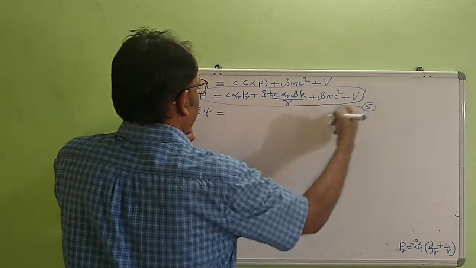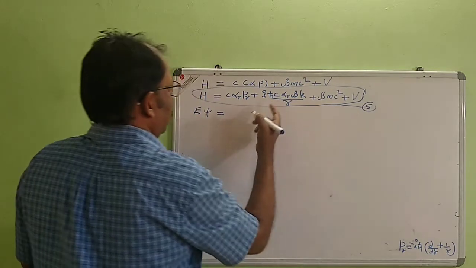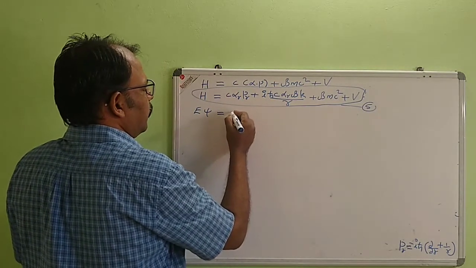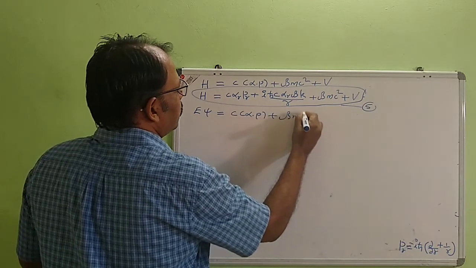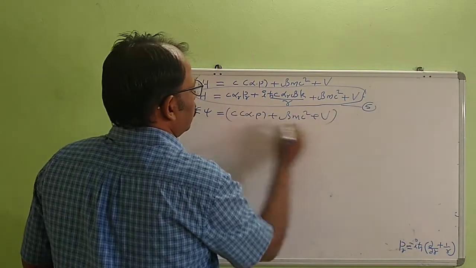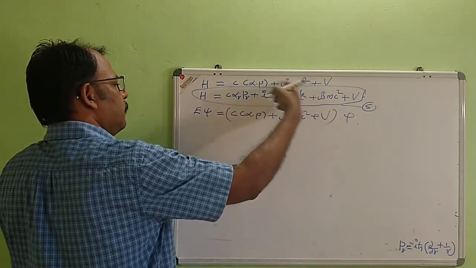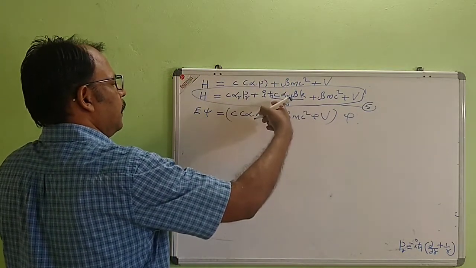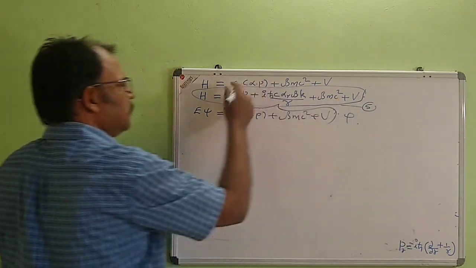Earlier we know the wave equation as C alpha dot P plus beta m C square plus V into psi. Now we have represented alpha dot P in terms of alpha R and PR, and we have represented the Hamiltonian as this term.